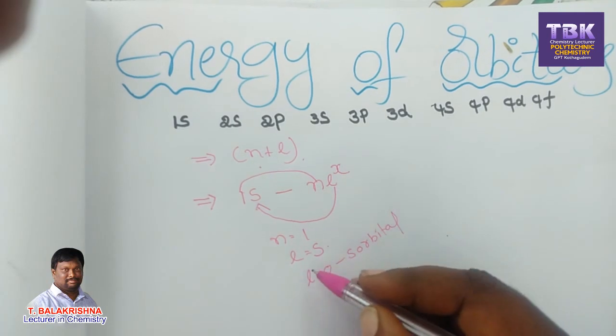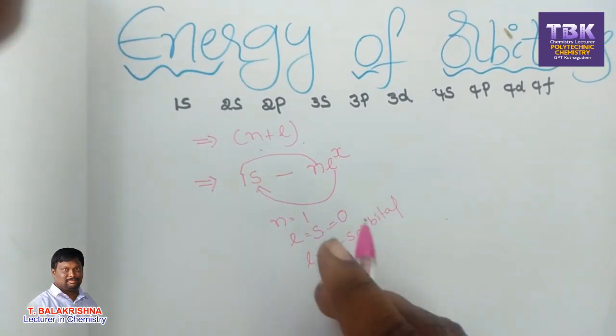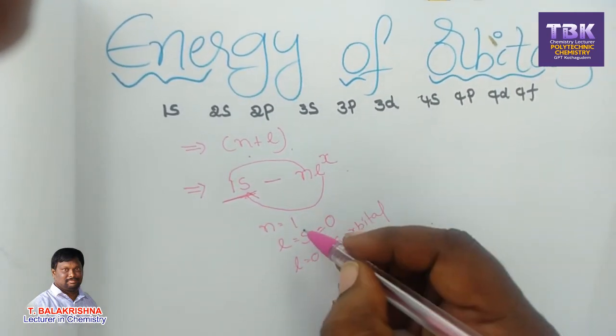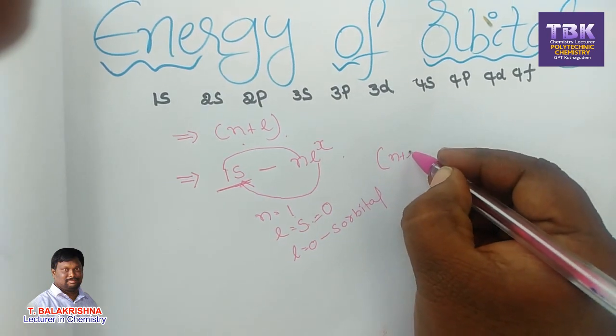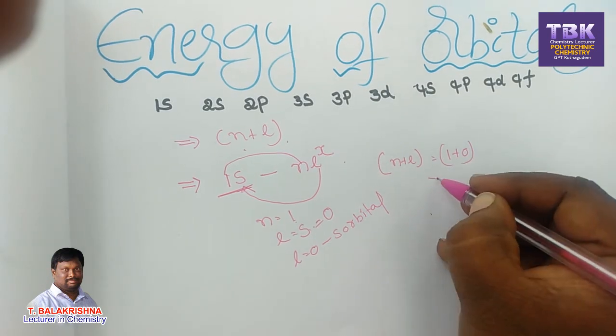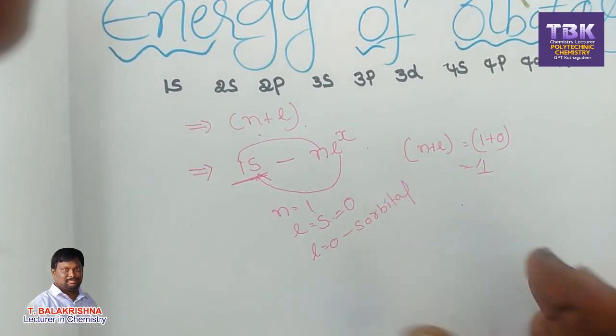So what is the n plus L value of the 1s orbital? Here n value is 1, L value is 0, so n plus L is 1 plus 0, that is 1. That is the calculation of the energy of an orbital.